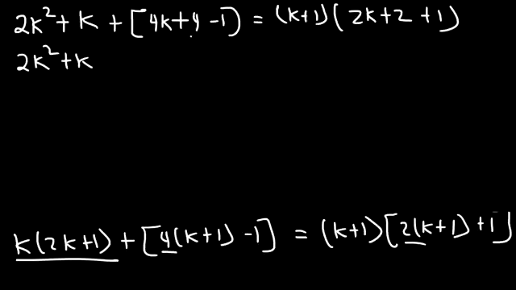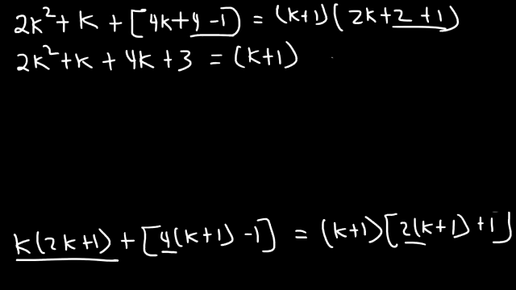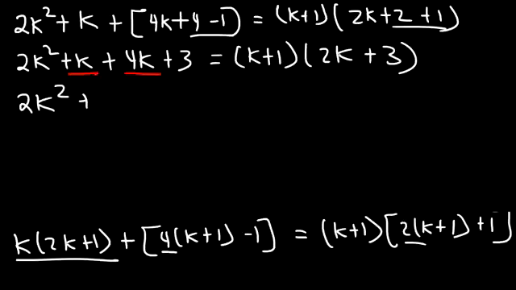Now we can add 4 and negative 1. 4 minus 1 is 3. And here we can add 2 plus 1. 2 plus 1 is 3. On the left, let's combine like terms. So we have 2k squared, and k plus 4k, that's 5k.